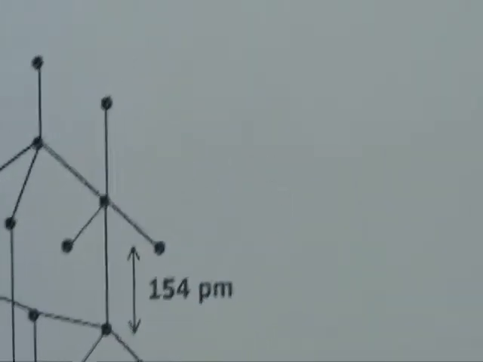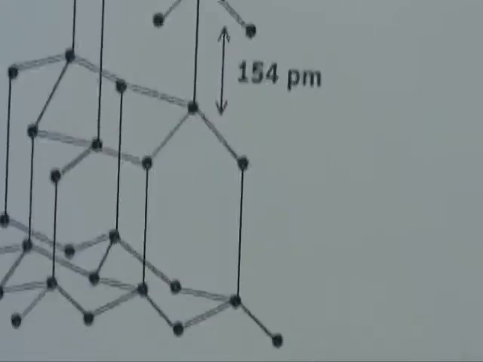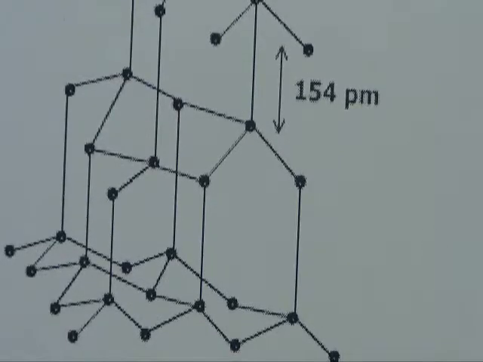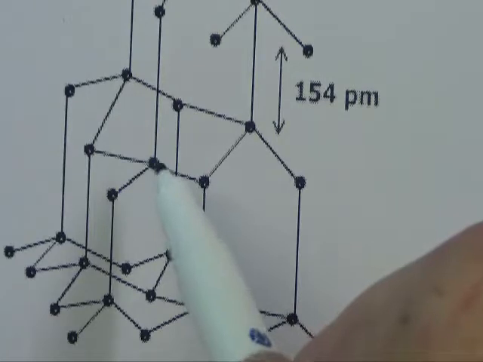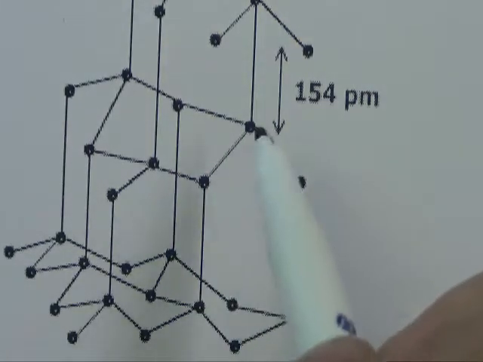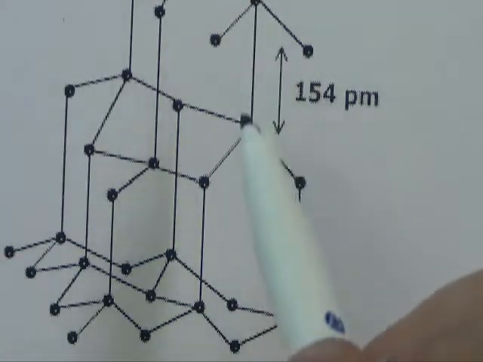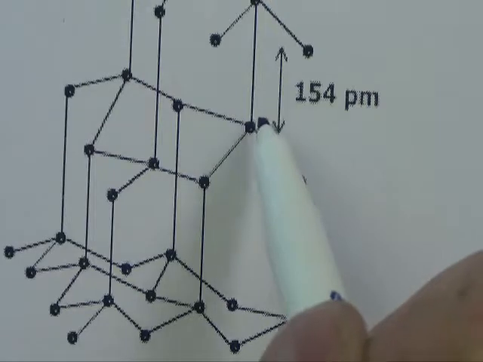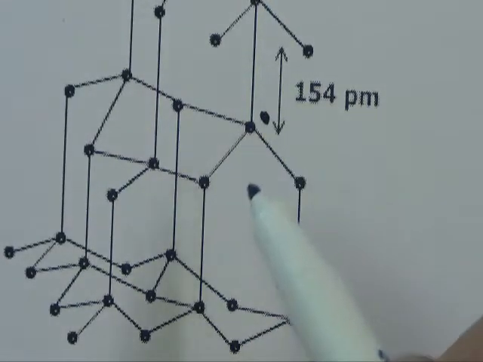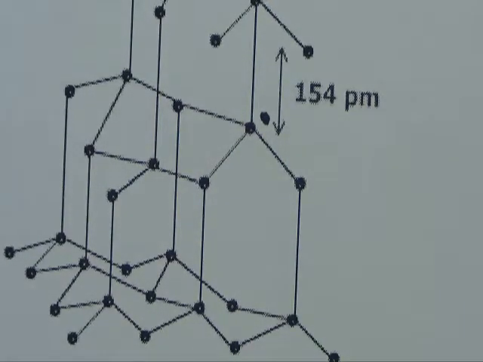Okay, so if we just take one little unit of this. Each of the black dots that we have here is a carbon atom. Each of the black lines is a covalent bond holding one carbon atom to another. So if we concentrate just on this little carbon atom here, let's have a look at it first of all.